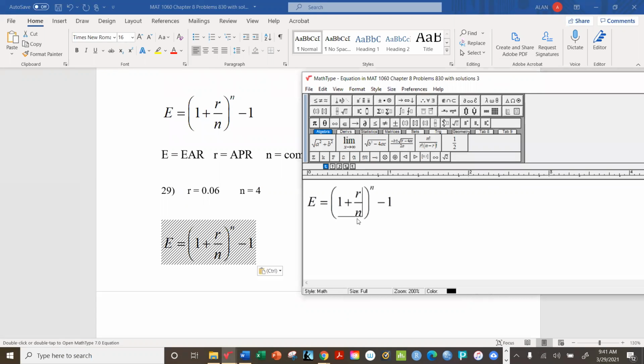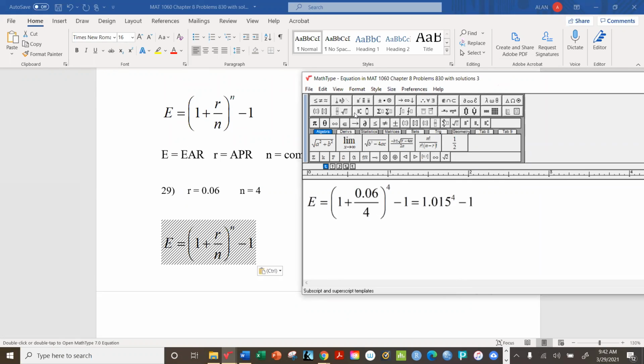1 plus 6% over 4 raised to the 4th power minus 1. So basically what you have here is 1.015 to the 4th power minus 1. I guess we could write it like this.